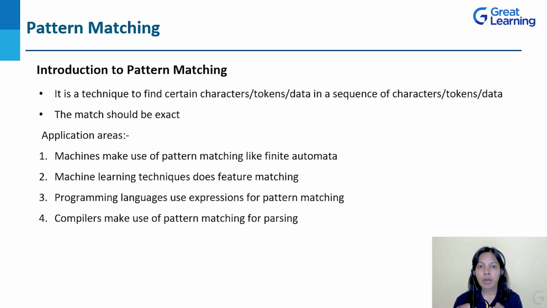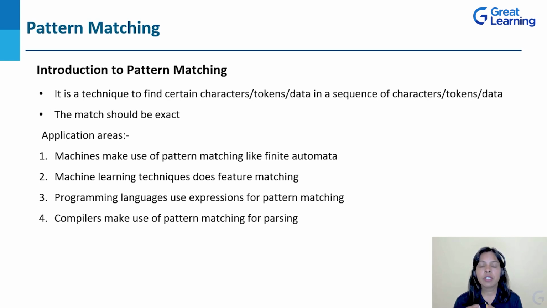The match should be exact. If a pattern is given and you have to match that pattern with the given string of characters, tokens or data, then the match should be exact.